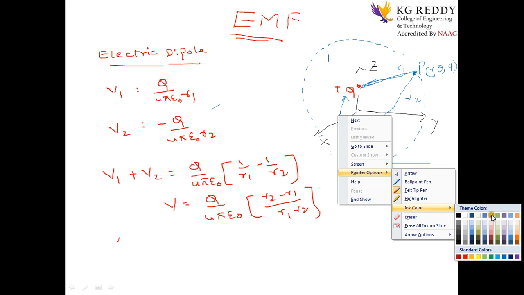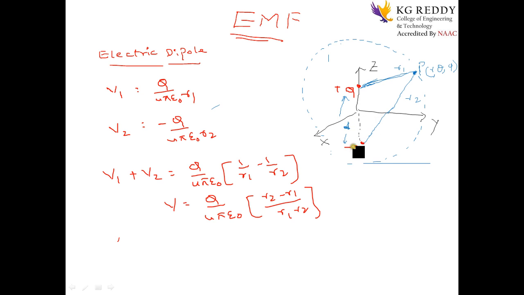Now if you observe this, taking the dotted line, this is the dipole. Due to this dipole, I have calculated the absolute potential V at the point P. Now this point P is located on the surface of the sphere.